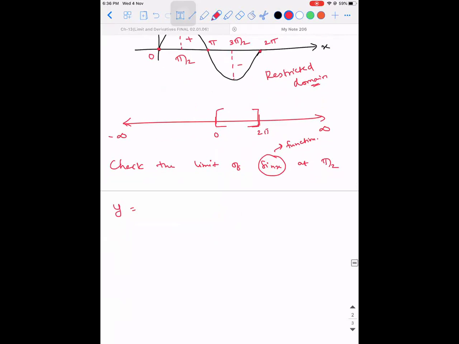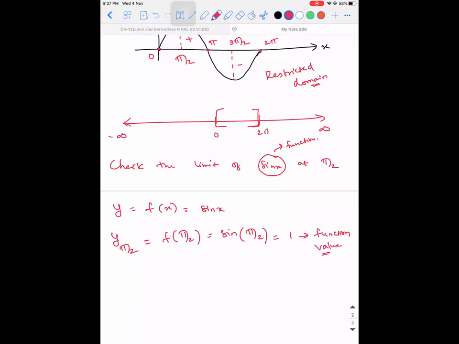So if I say y is nothing but f of x, and I ask you what is the value at pi by 2, that is f of pi by 2, what will you tell me? Wherever x is there, you will substitute pi by 2. What is the value that is going to come out? 1. It is 1.